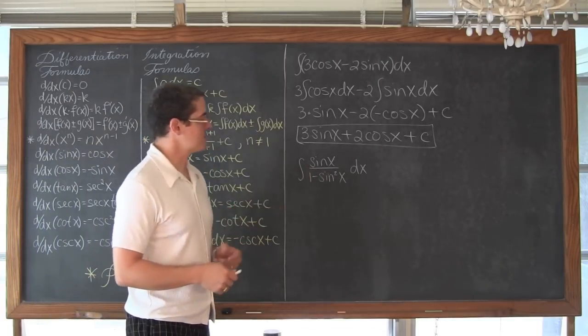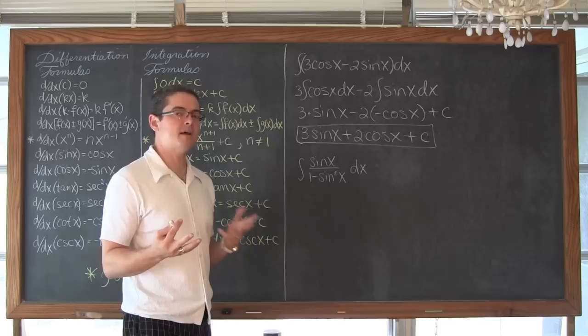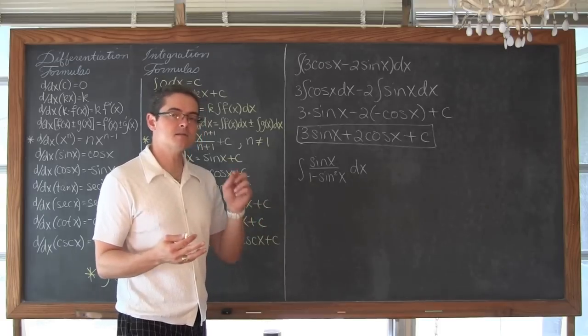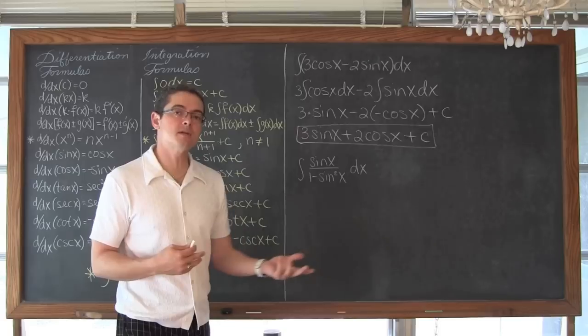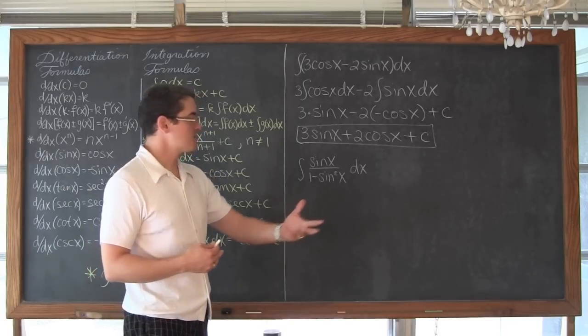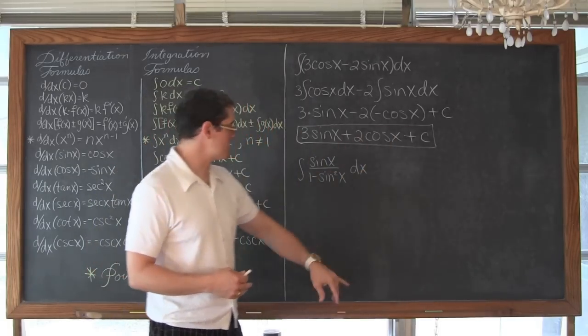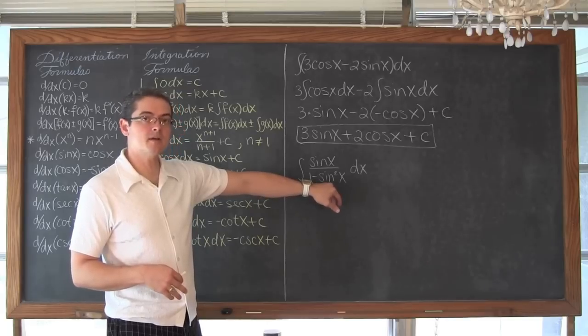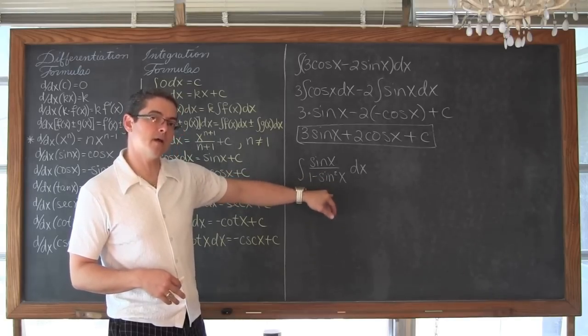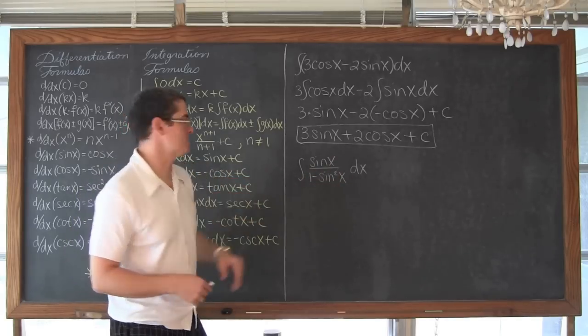So 1 minus sine squared. Well, if you remember your first Pythagorean identity, sine squared x plus cosine squared x equals 1. So if you subtract both sides by sine squared x, you get 1 minus sine squared x equals cosine squared x.